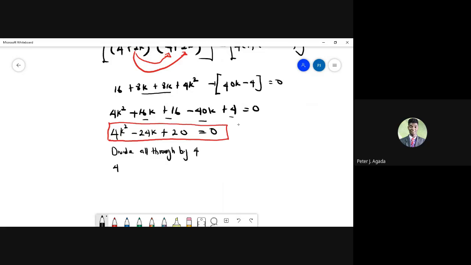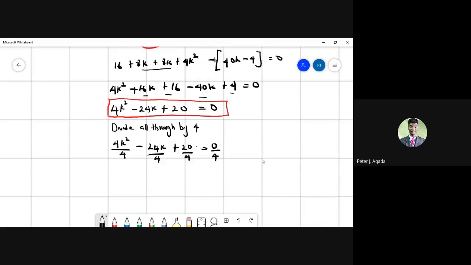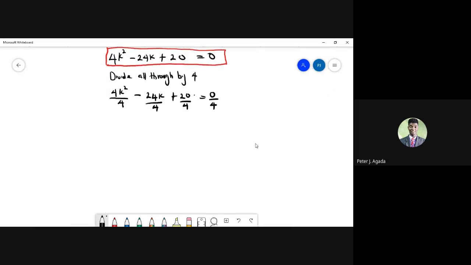So we can have 4k squared divided by 4 minus 24k divided by 4 plus my 20 divided by 4 is equals to my 0 divided by 4. Remember, like I said, you divide everything by 4. If you go further here, you can have k squared now being left alone minus 6k plus 5 is equals to 0.